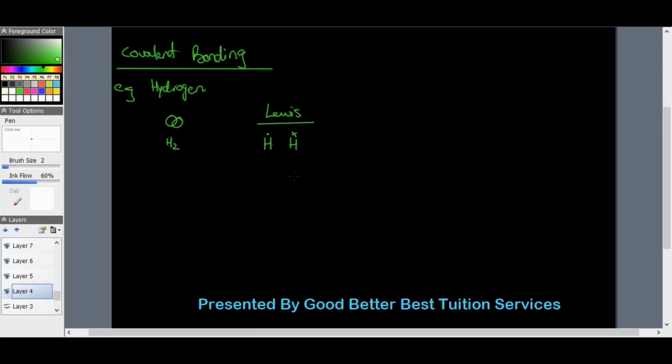I want to show that two different things have bonded to each other, or that a bond has occurred. When I join them together, the one electron from the one hydrogen atom has bonded to the electron of the other hydrogen atom, and it will look like that, as the Lewis structure. This is the final product or end result of these two.